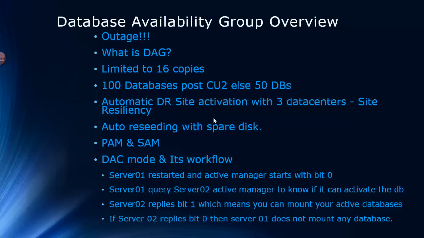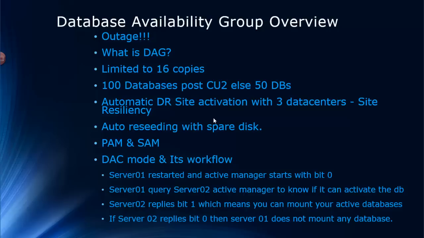All right. After Cumulative Update 2, we have a 100 databases limit available back in 2013. We had a 100 database limit in Exchange 2010, but Microsoft initially decided to keep it to 50 databases, and when customers reported that 50 is not good enough for them to move to Exchange 2013, Microsoft extended it back to 100 databases. 100 databases will be only possible with the Exchange Enterprise version.